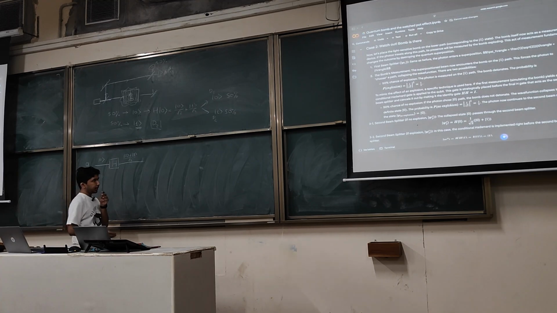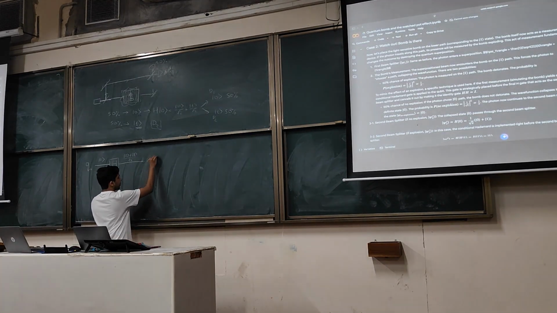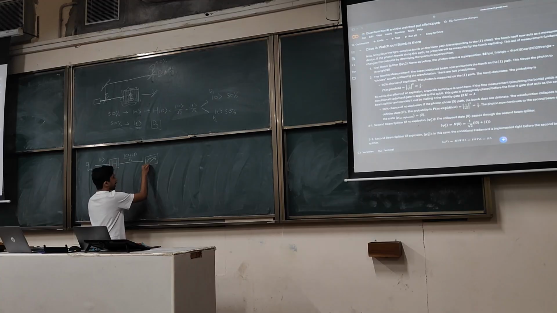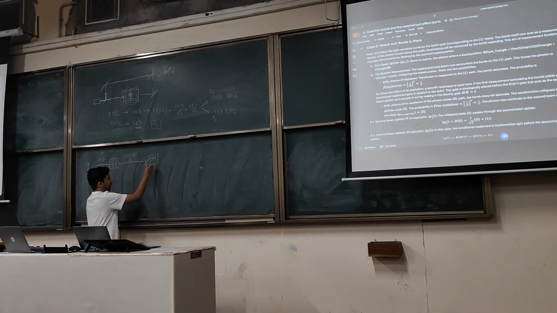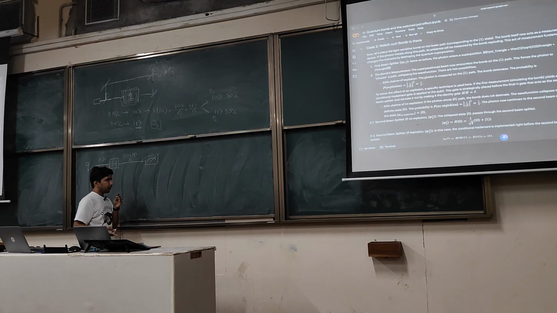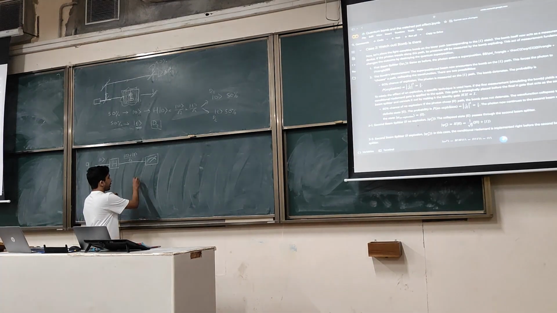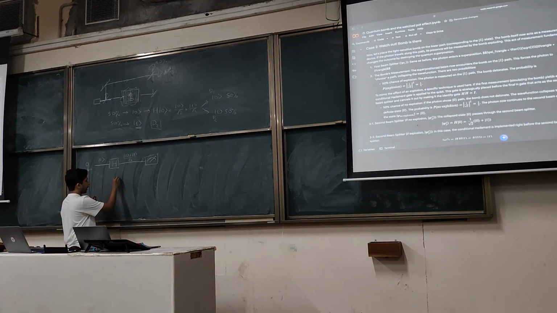Now you make your first measurement, and this is a measurement that happens at the location of the bomb. If this measurement returns a 0, you go ahead with your circuit, and if it returns a 1, you detect an explosion.